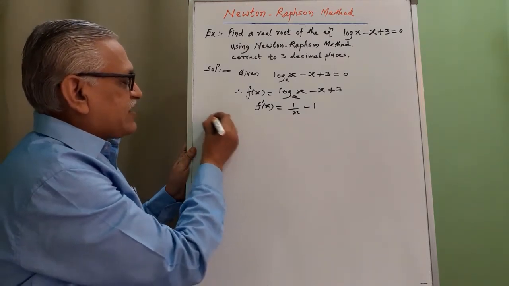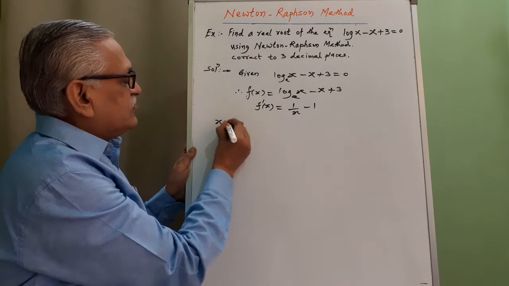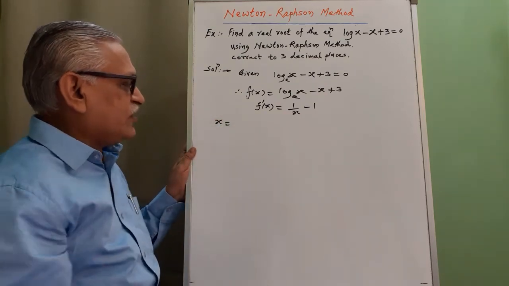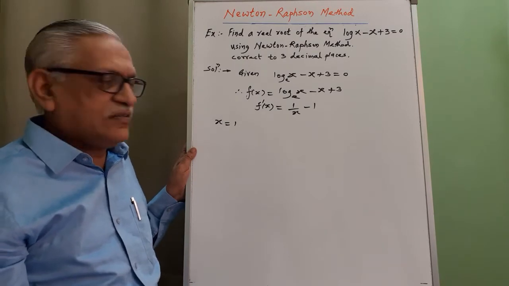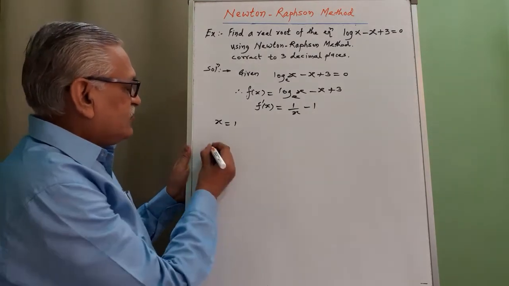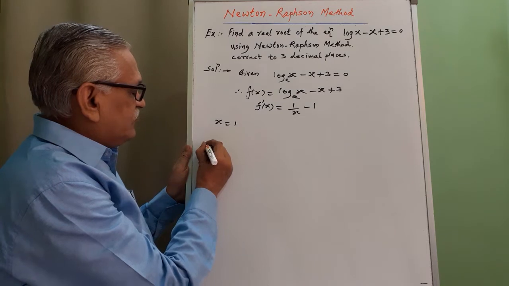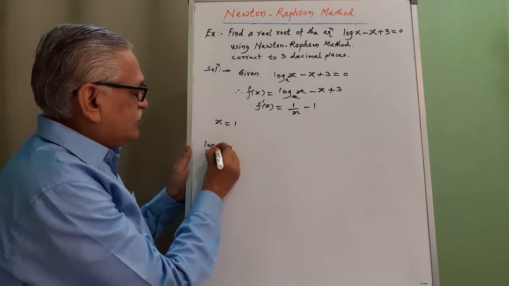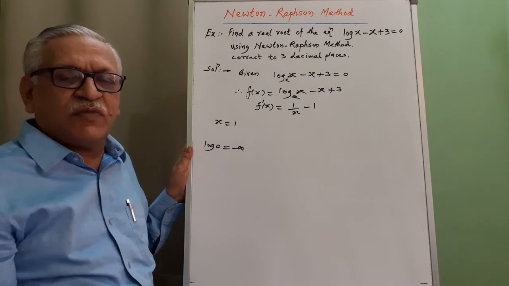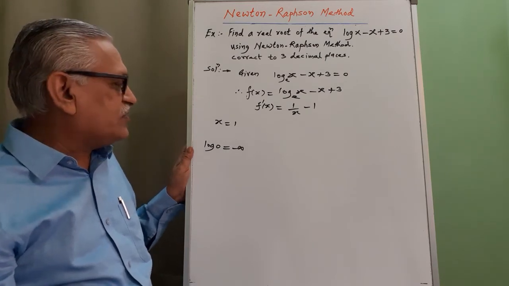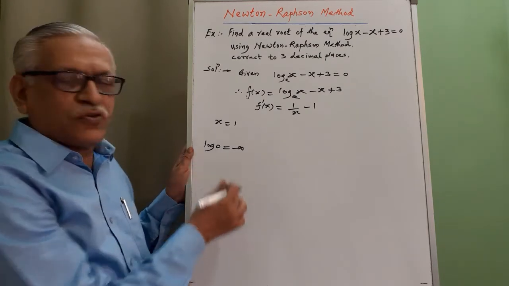Therefore, by trial and error, if we substitute x is equal to 1, we are not considering the value of x as 0, as we know that log of 0 is minus infinity, and as that value is minus infinity, we are not considering the value of x as 0.